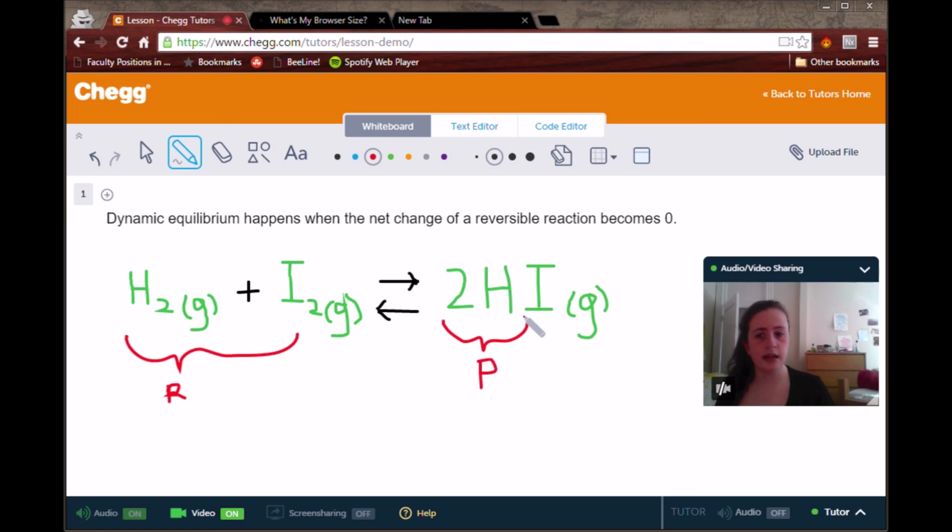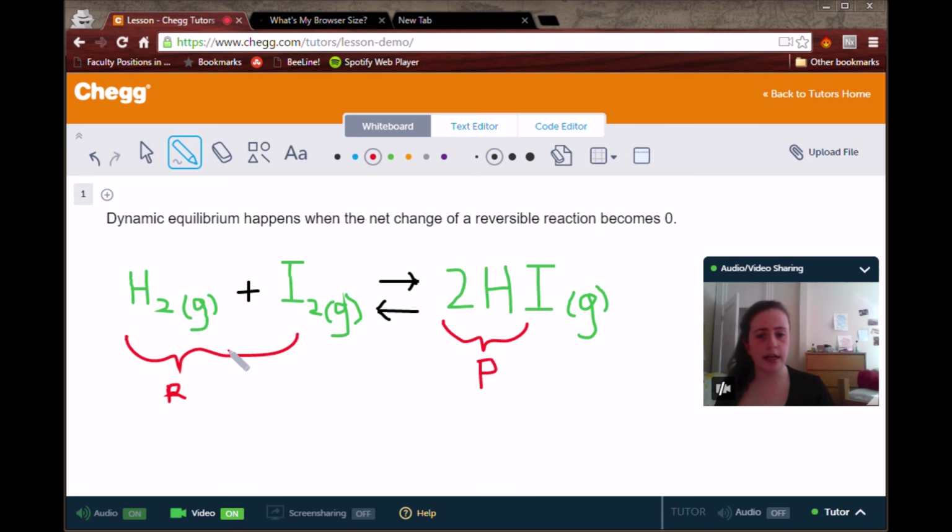If instead you add a lot of hydrogen gas or iodine gas, or both, what will happen is you'll have a rightward shift. The rate of the reaction in the rightward direction from reactants to products will speed up. The reactants will become products faster, but because of that, you'll then have more products, and those products in turn will become reactants faster.